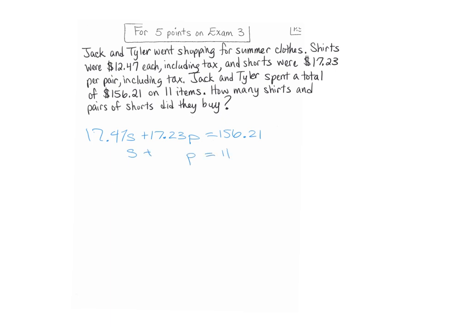Can you tell me what S and P are on the side somewhere? S is for shirts and P is for shorts. Okay, put S is for shirts, P for shorts on the side somewhere. It can be beside the word problem if you want. You always have to label your variables because we need to know what they mean. Because we're communicating, yeah? Okay, keep going.